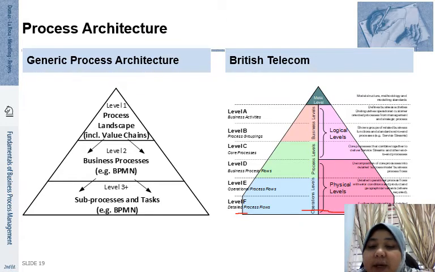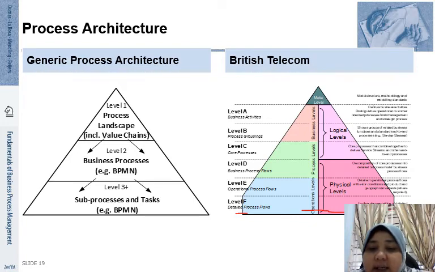Operational levels are more of the physical level. Level E, operational process flow, relates to detailed operational process flows with error conditions and product and geographical variance where required. So that is the operational level.